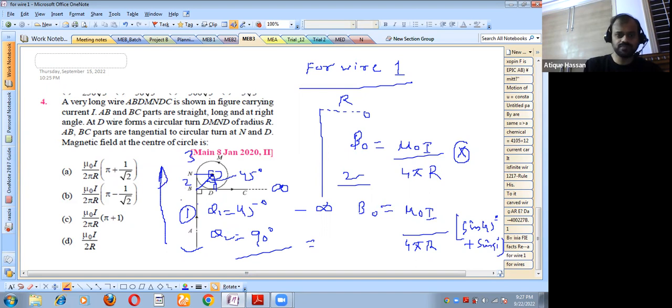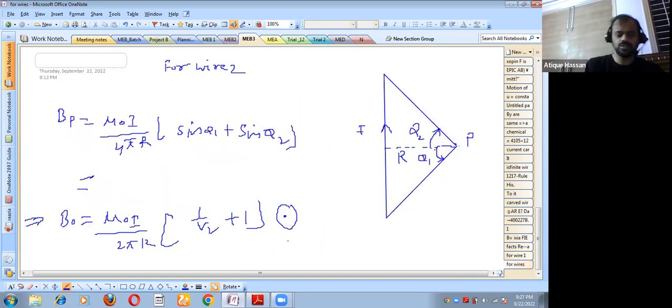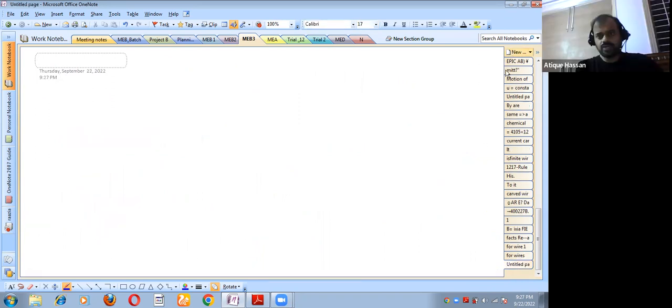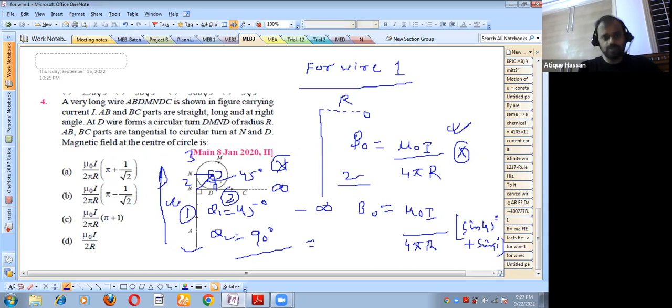So obviously due to this wire, the magnetic field will be inward, so we have given the cross direction. Now due to the second wire, wire 2, the magnetic field will be outward, so we have given this side. Understood? Yes, sir.